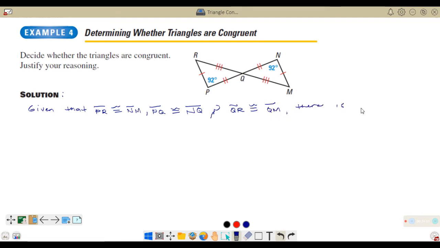There is a correspondence between the sides.